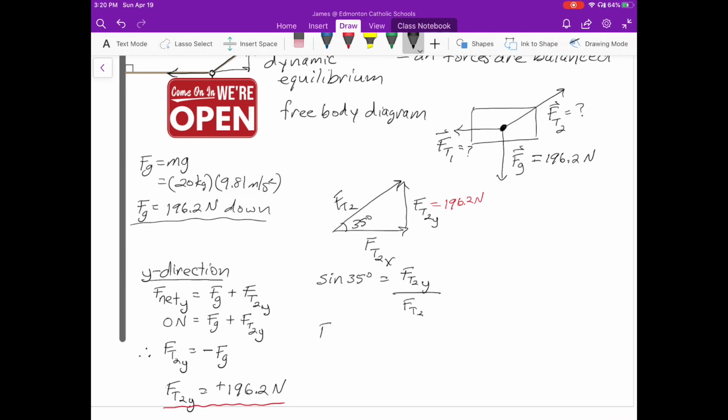So we can find out what that tension is. Okay, so we have 196.2 newtons divided by the sine of 35 degrees. And then we get FT2 to be 342 newtons, and the direction would be 35 degrees to the horizontal.